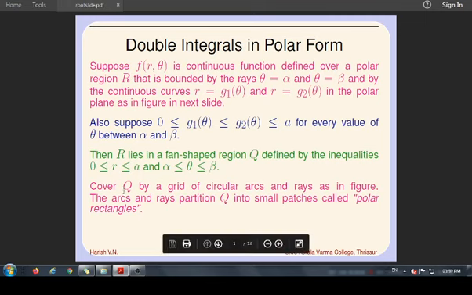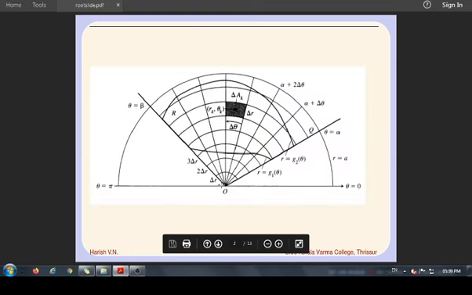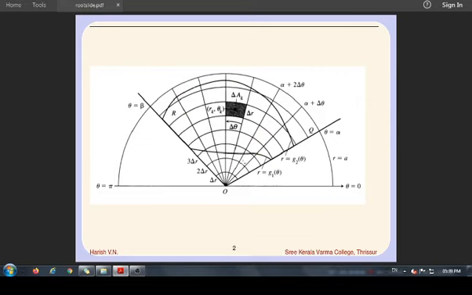Okay, now what we do is we cover Q by a grid of circular arcs and rays as in the figure. So what did I do? I draw lines theta equal to constant, theta equal to constant, and so on. Then I draw circles r equal to constant, r equal to constant, and so on.